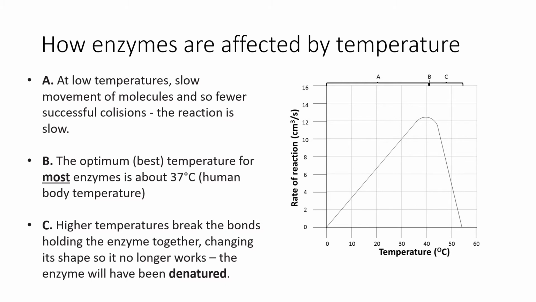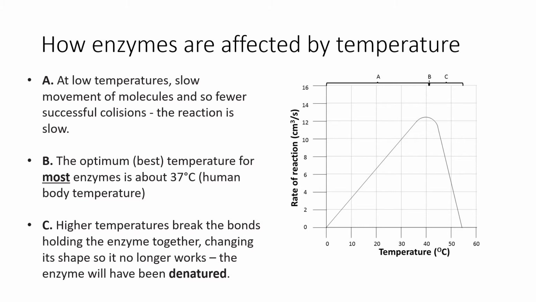The reason why this happens, the explanation, is because as we add more heat to the reaction, the molecules inside are moving faster and therefore we have more successful collisions. At low temperature, we have the molecules moving much slower, so we have a fewer number of successful collisions. That continues up until we reach what is called the optimum temperature.